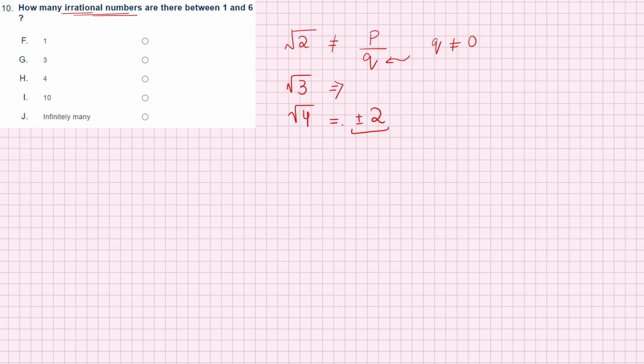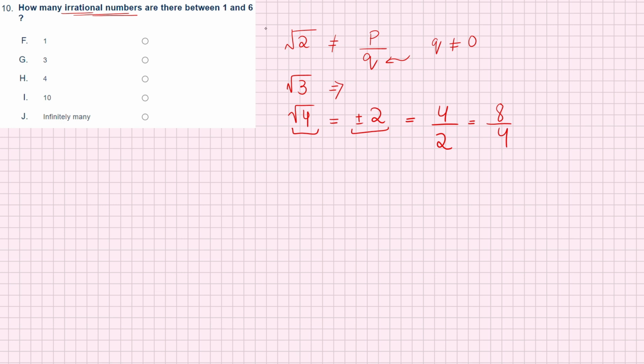We can write it as a fraction, let's say 4 divided by 2, because 4 divided by 2 is 2. Or 8 divided by 4, because 8 divided by 4 is also 2. It means that under root 4 can be written as a fraction, so under root 4 is not an irrational number.